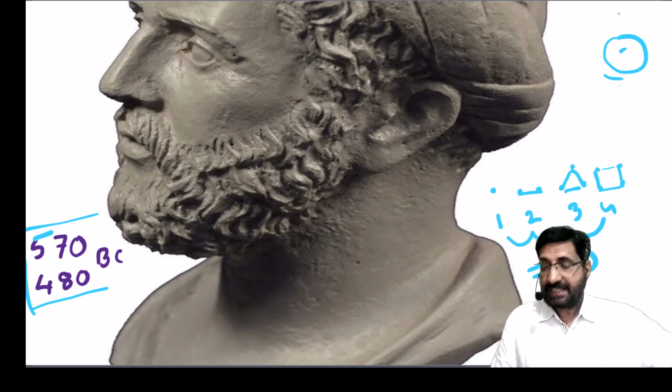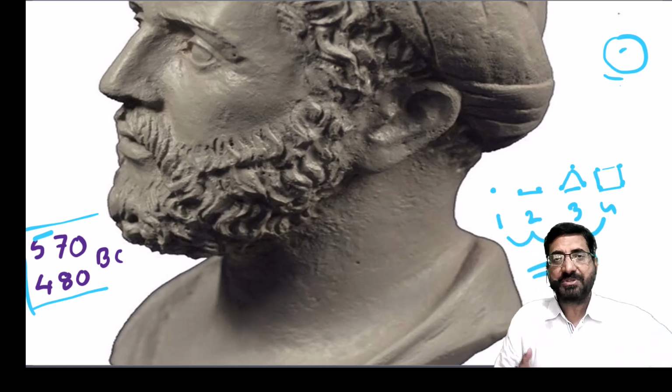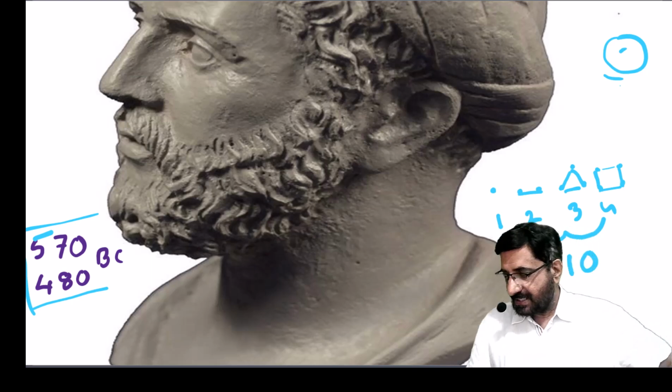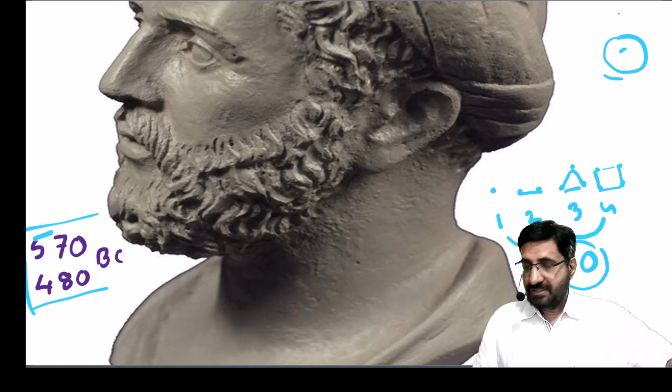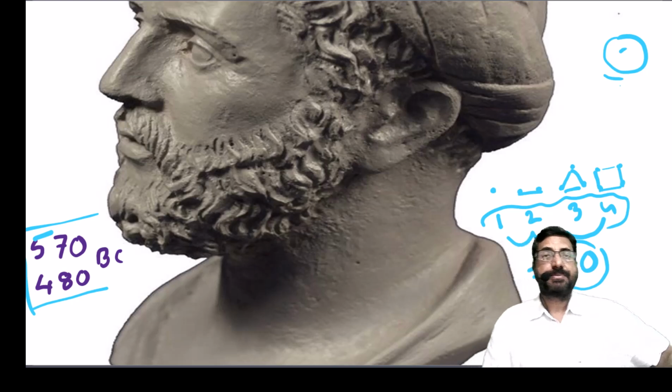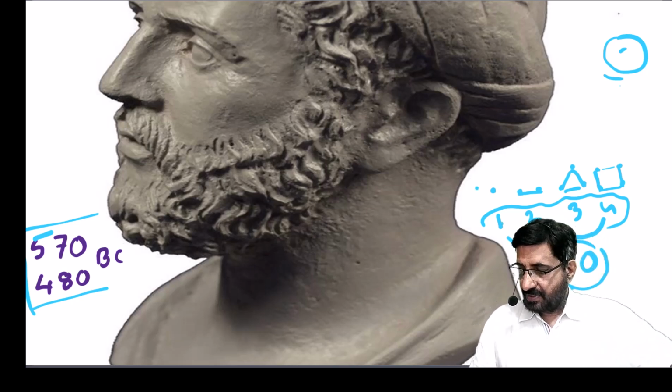So Pythagoras treated all these numbers as gods. Can you imagine? He treated numbers as gods, and he gave the most important place to number 10 because it is the sum of the first 4 digits. See, 1 is represented by a point, 2 by a straight line, 3 by a triangle, 4 by a square, and 10 by a sphere.